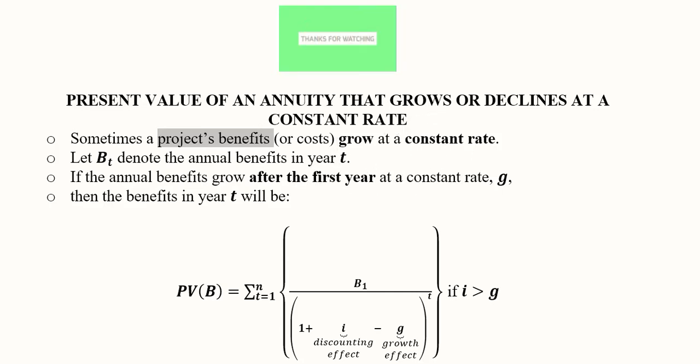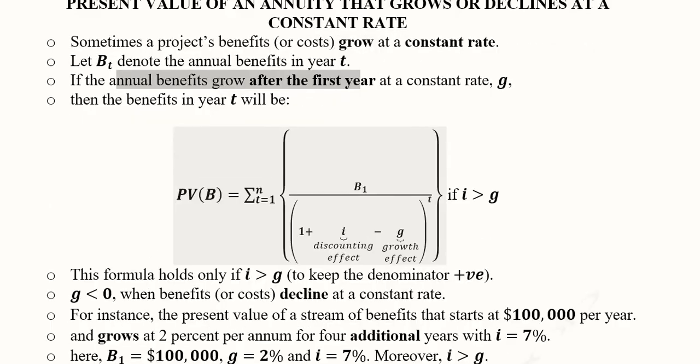Right now we're considering the growth possibility, and that growth happens at a constant rate which is represented by g. And we consider that the benefits are represented by B. t shows time, which is in terms of years. And if the annual benefits grow after the first year, that is B1, at a constant rate, that is g, then the present value of such benefits would be this.